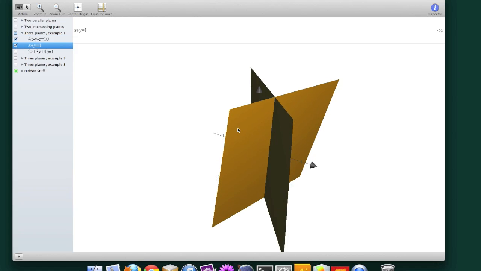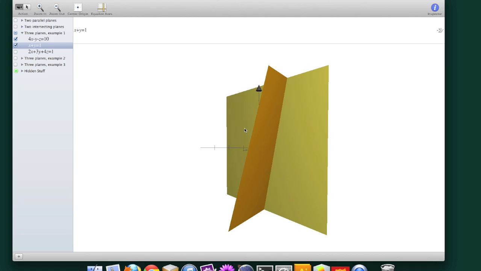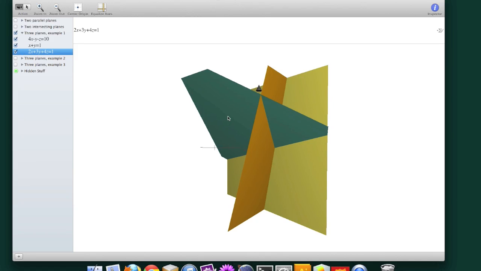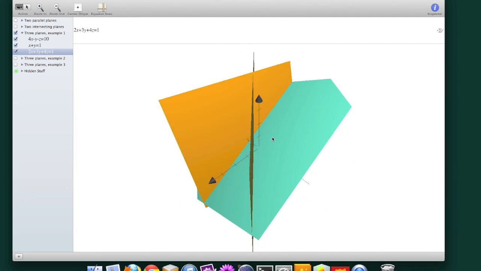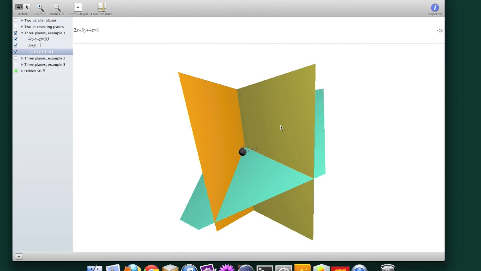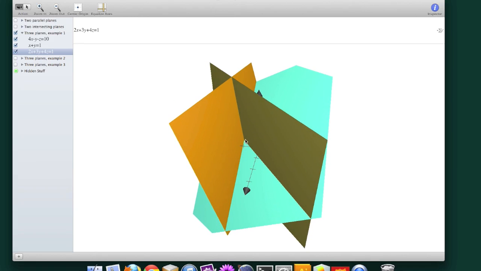Here's my second plane. Notice that my two planes intersect in a line. And my third plane intersects both of my other two planes. There is one single point where all three planes touch.